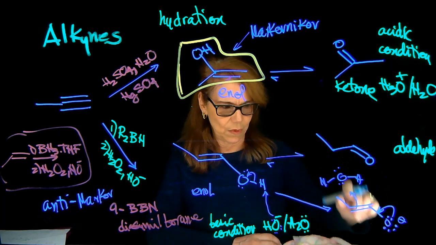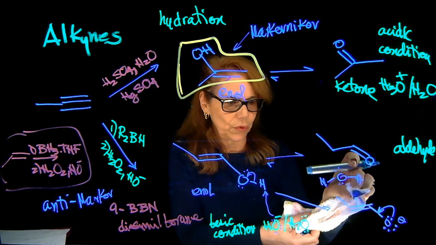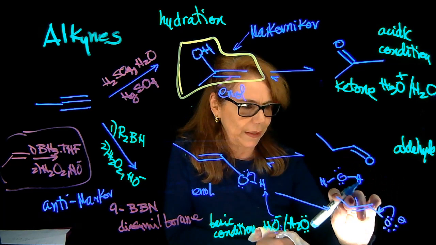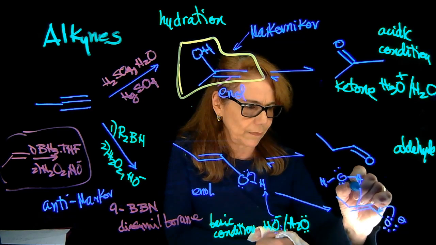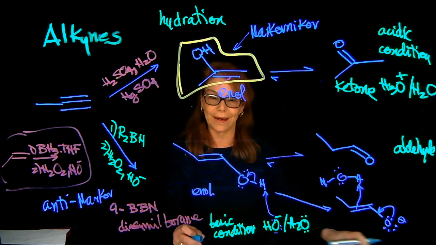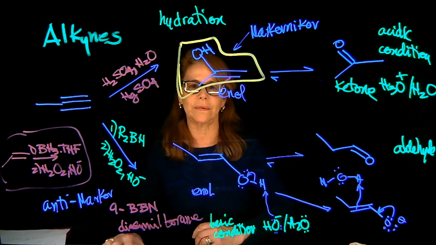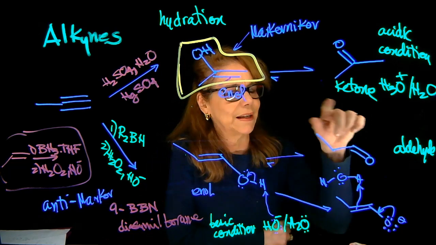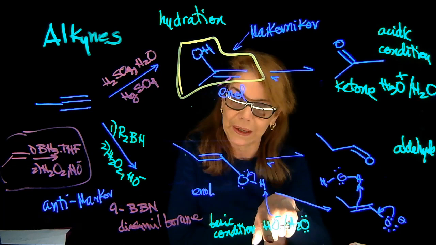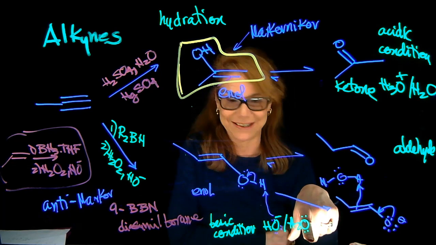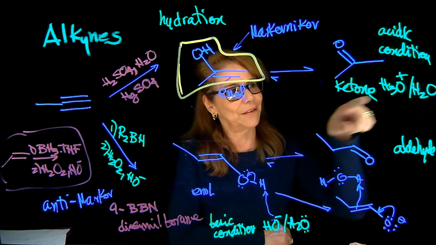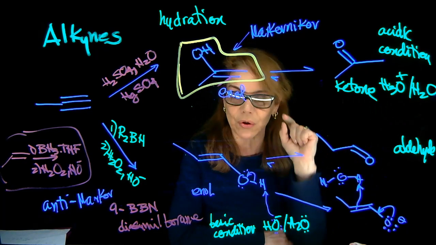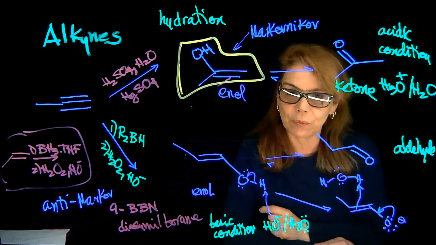And so, in doing so, you will be forming a terminal carbonyl or an aldehyde. So the mechanism is different because in the case of the basic condition, well, base is OH, your acid is water. And in the case of the acidic condition, you have hydronium and the base will be water.